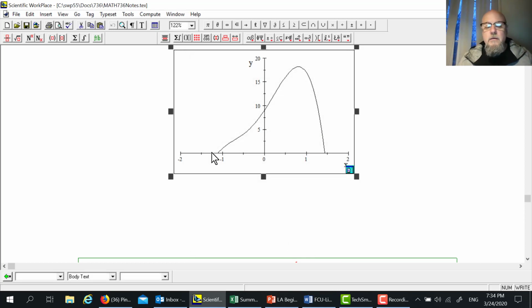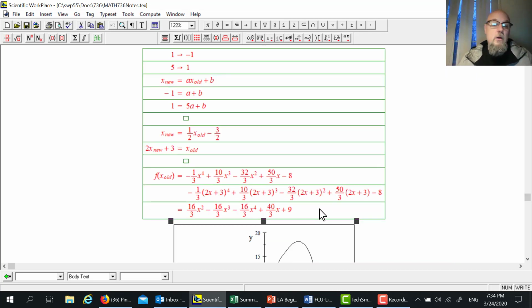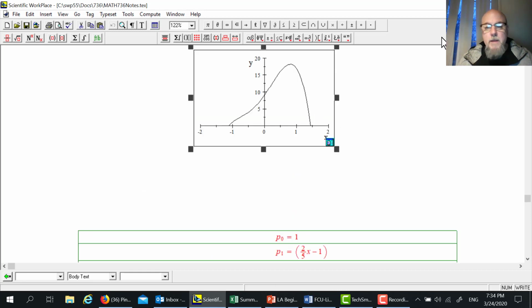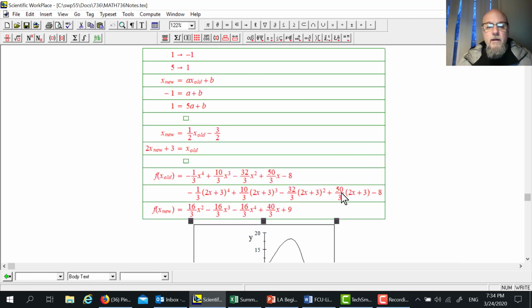And now you're more convinced that this is that original polynomial just transformed, shifted over. Okay, so this is f of new x. In fact, let's take this here.